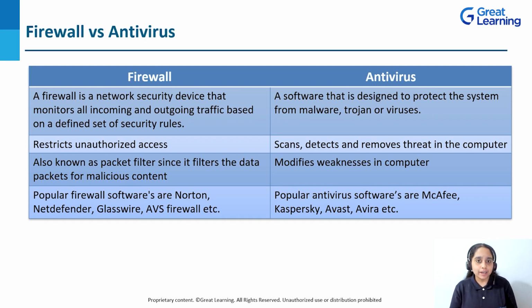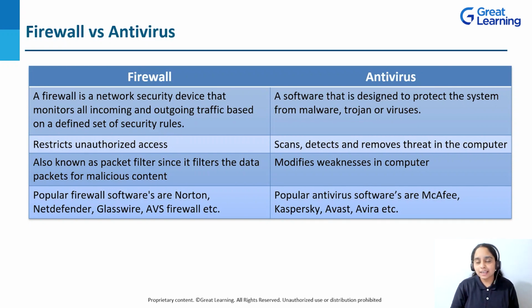Trojan is a malware that pretends to be legitimate but infects the computer by stealing or damaging data. Virus is a malicious program that infects an application in the computer system by replicating itself. Firewall restricts unauthorized access, whereas antivirus scans, detects, and removes threats in the computer. Threat is nothing but a dangerous attack that affects the digital life by stealing or damaging data.